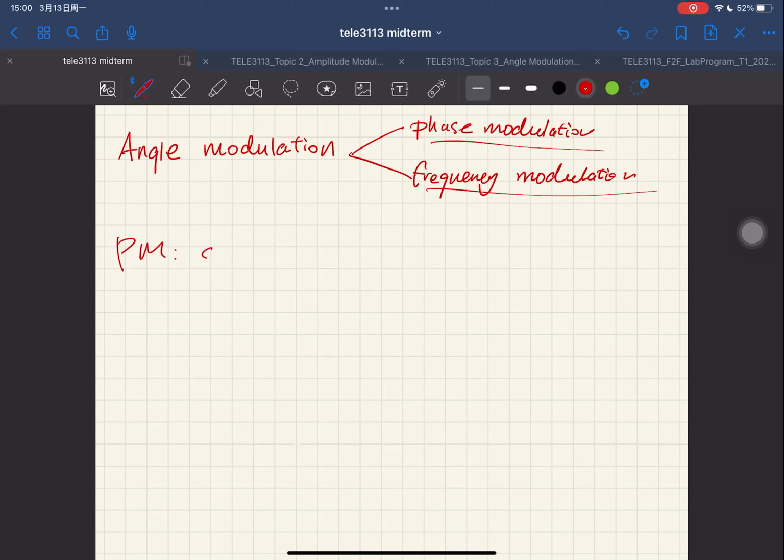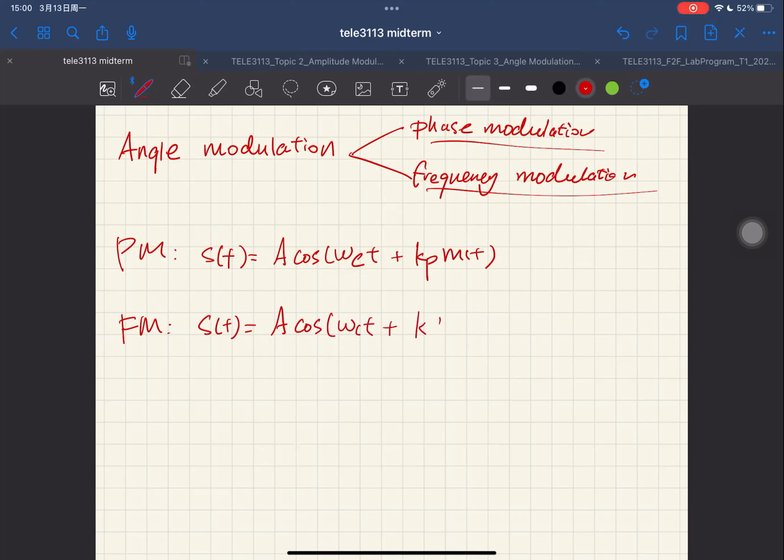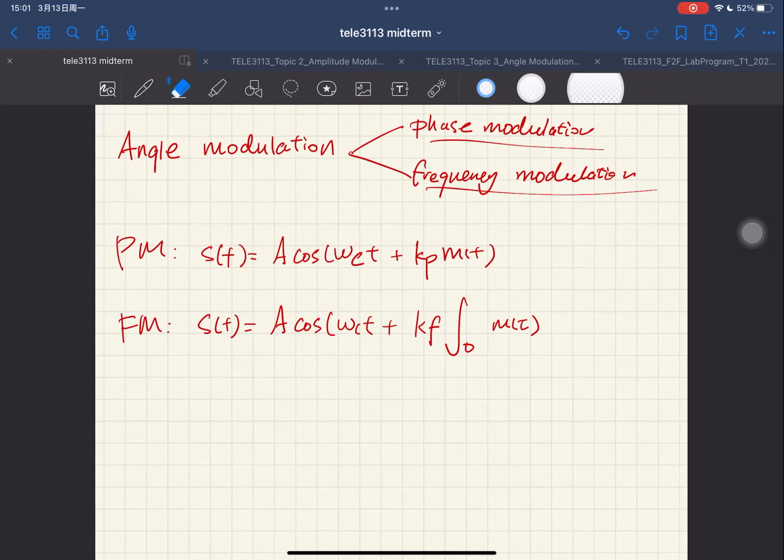PM looks like s(t) equals A cos(omega_c t plus K_P m(t)). Sorry, it's not omega_m t, it's omega_c t plus K_P m(t). And FM has the form s(t) equals A cos(omega_c t plus K_F times the integral from 0 to t of m(tau) d tau).